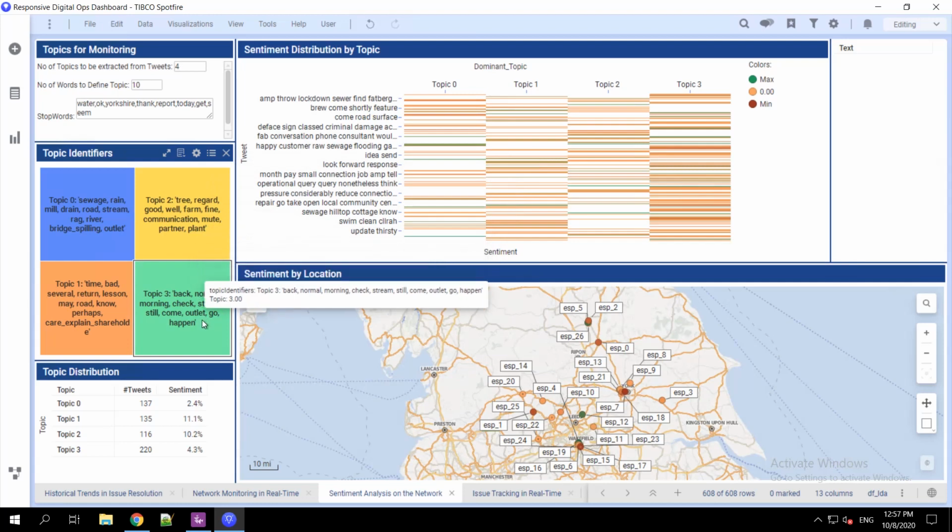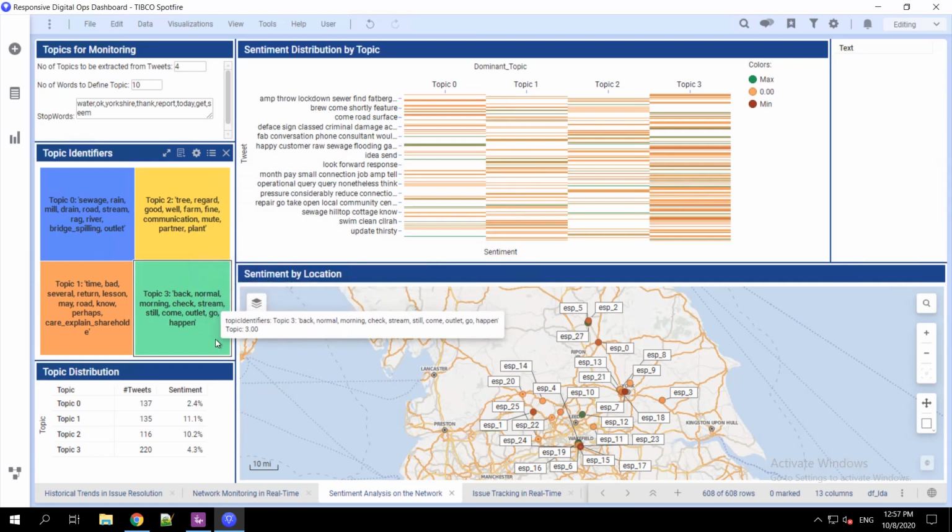And then topic 4 is how customers are responding to the customer service. So they're talking about they'll check back the status of the repairs in the morning, etc. So basically this gives us a view of what each topic is entailing.